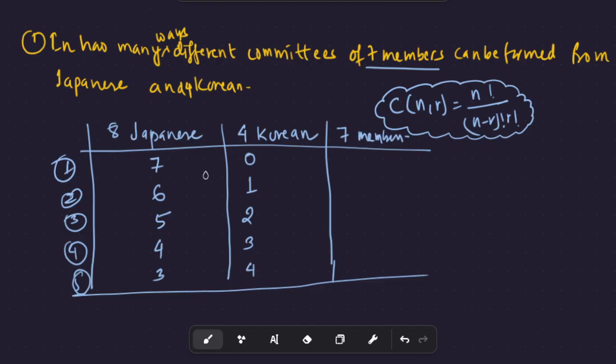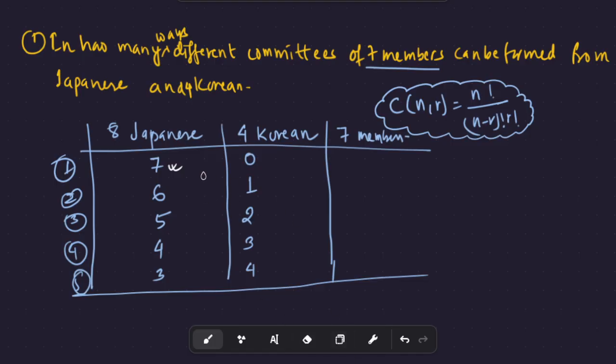Now, what will be the total number of ways that we can select 7 Japanese and 0 Korean? What is the total number of ways that we can select 7 Japanese? From how many Japanese should we select the 7?